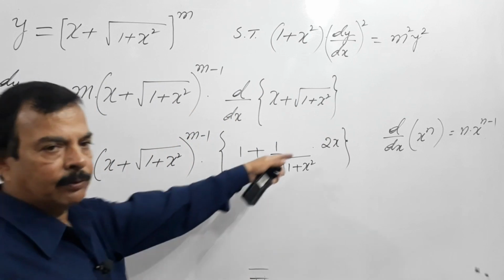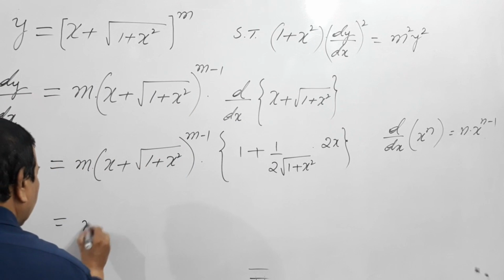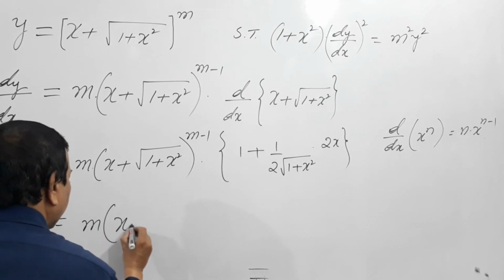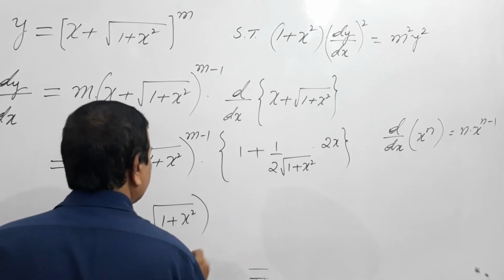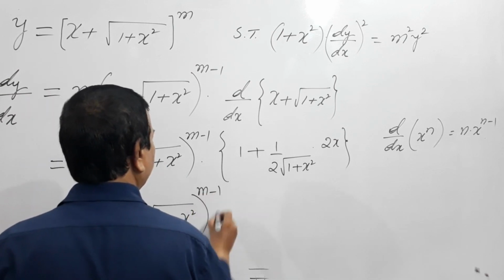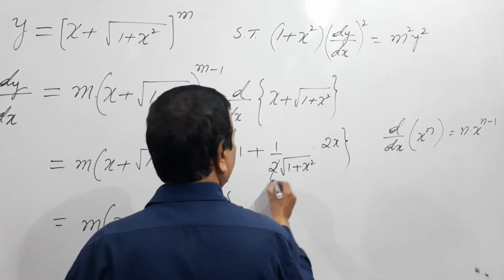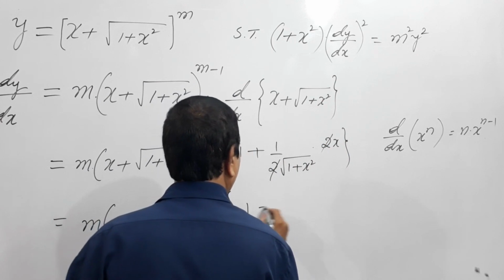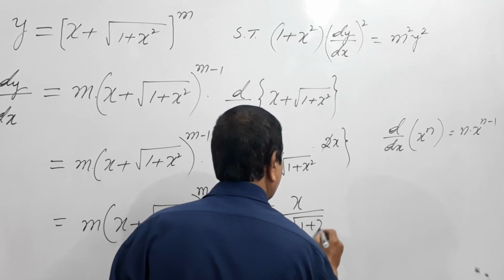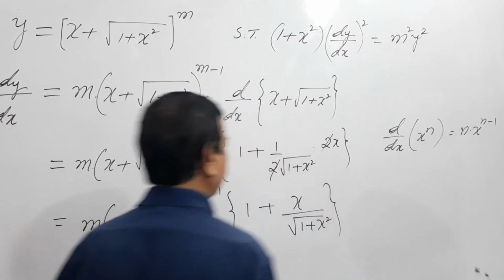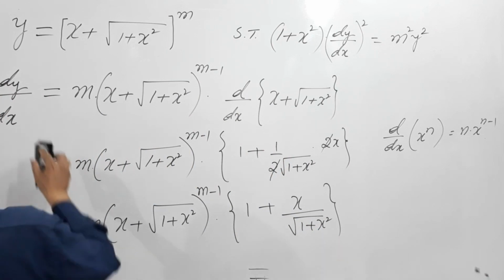Let us not waste a step, it is understood. So this equals m into x plus under the root 1 plus x square, to the power of m minus 1, into, so this 2 cancels, I am left with 1 plus x by under the root 1 plus x square.